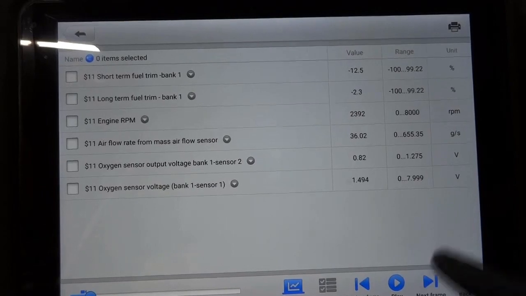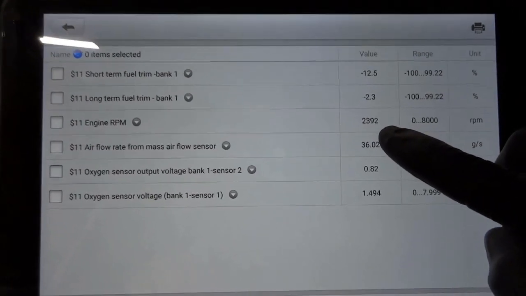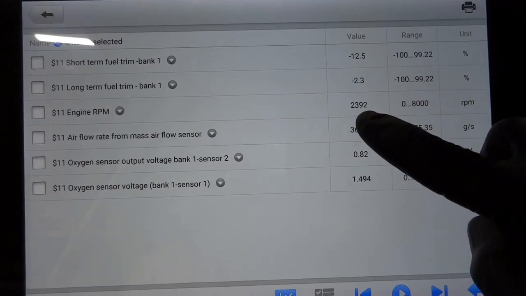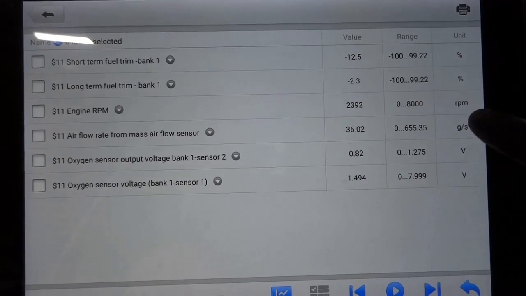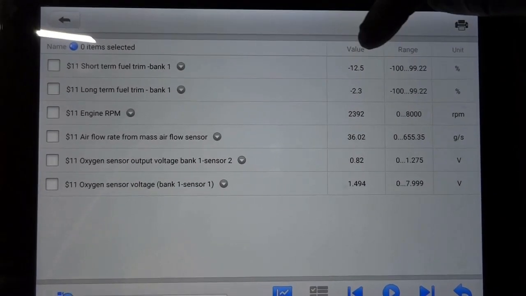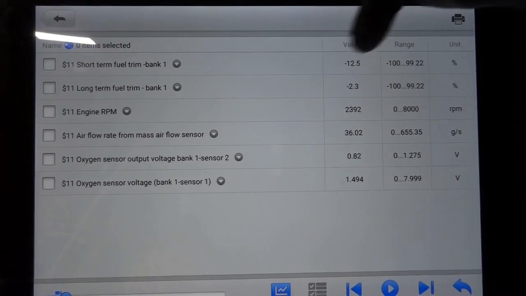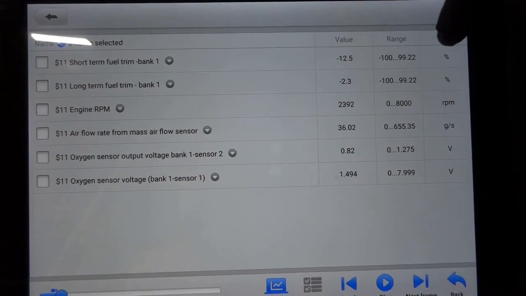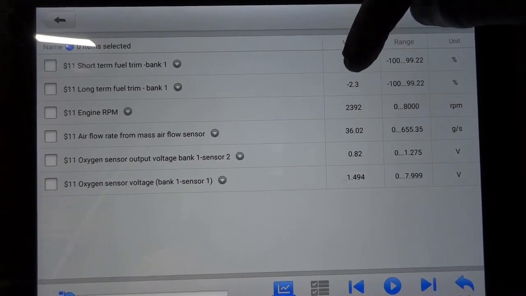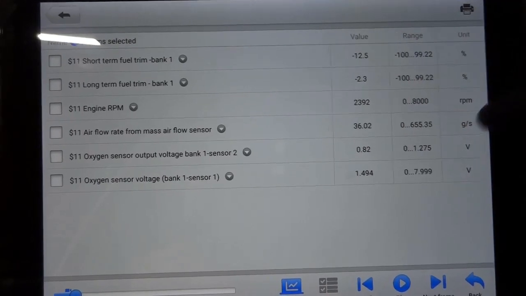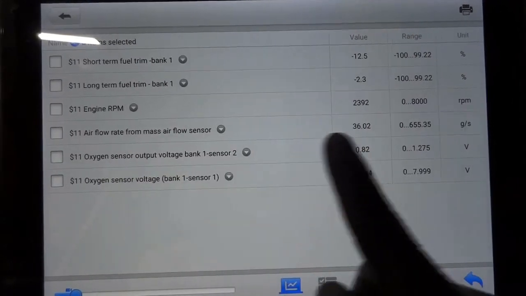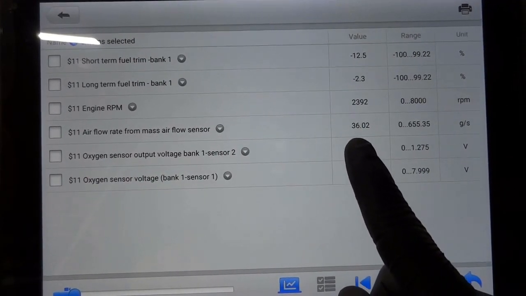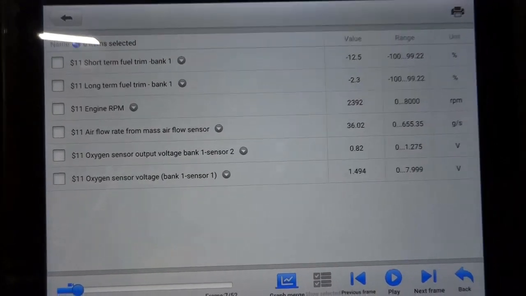So let's pause there. So at 2000 RPMs, so 2392 RPMs, our fuel trim number on the short term was minus 12.5%. Long term was minus 2.3%, and then our mass airflow sensor was 36.02 grams per second.